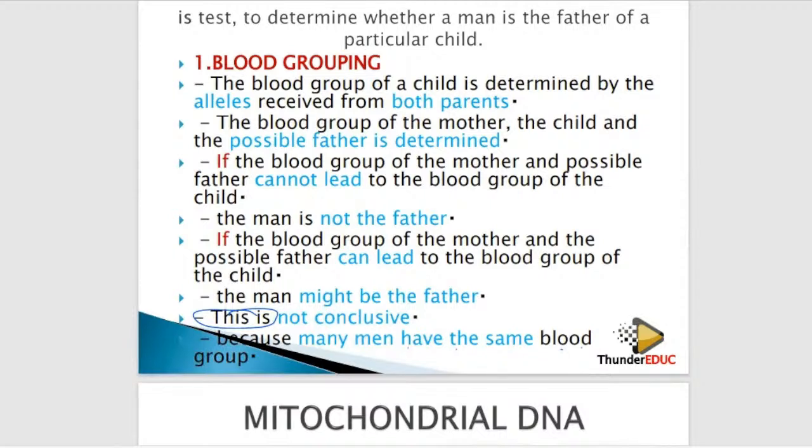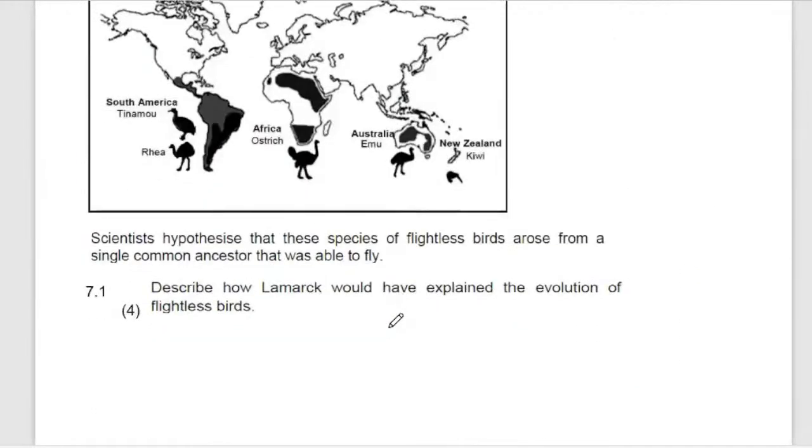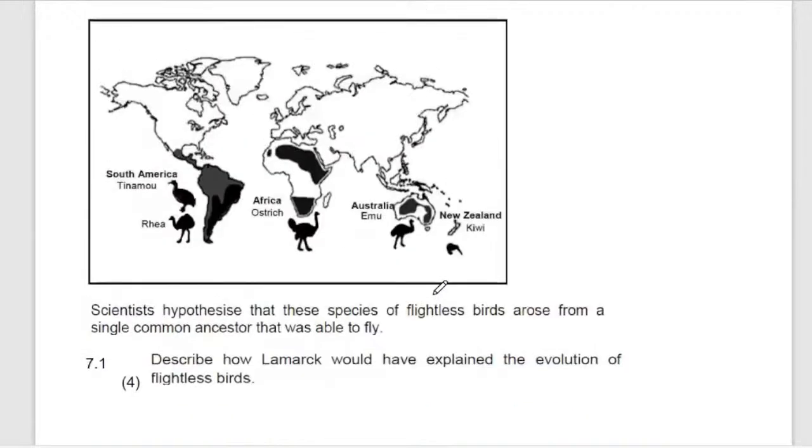Guys, now we are going to evolution. Before I start to talk about evolution, the way we are setting is a little bit different. We used to have a lot of marks in human evolution, and we were specific that human evolution takes this amount of marks.